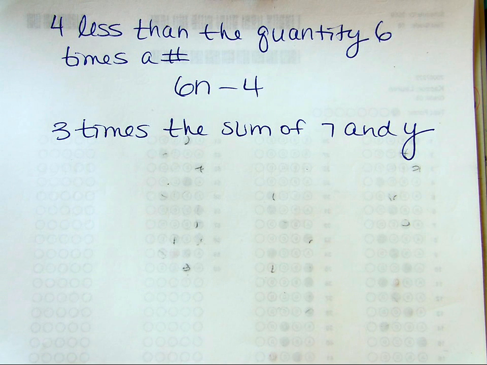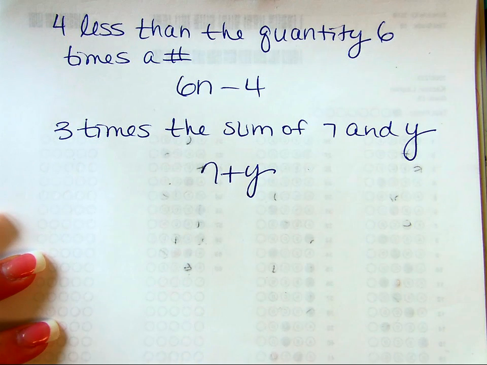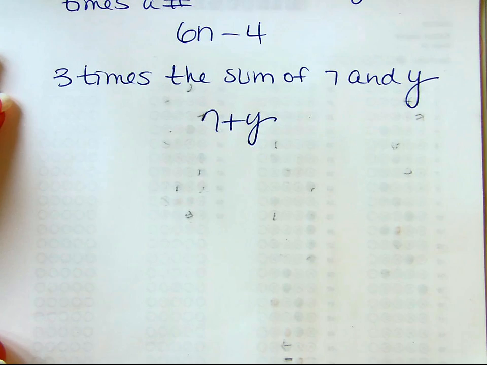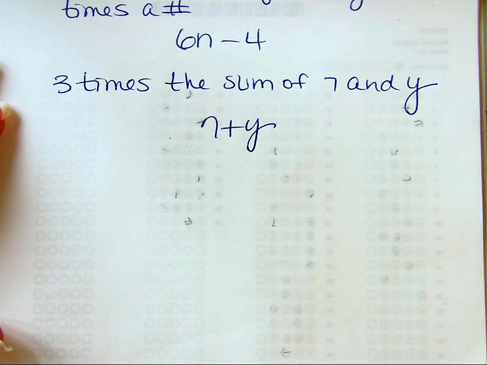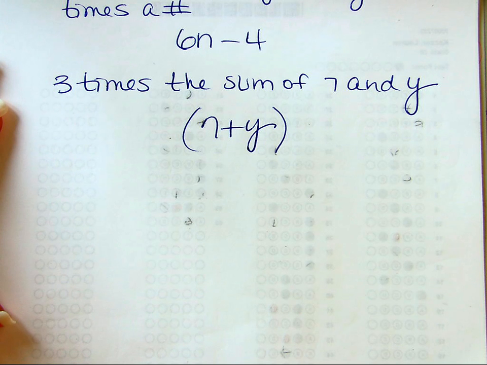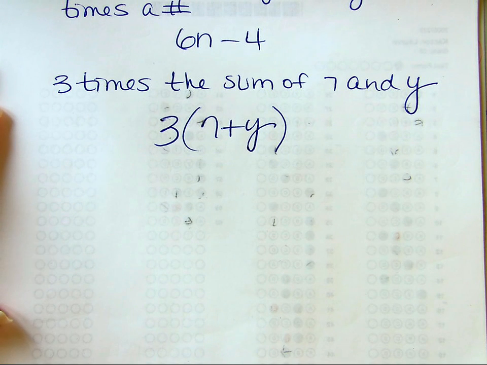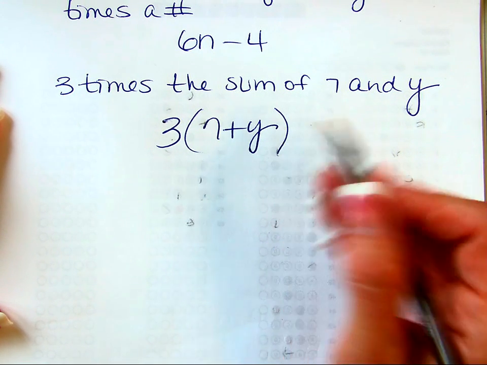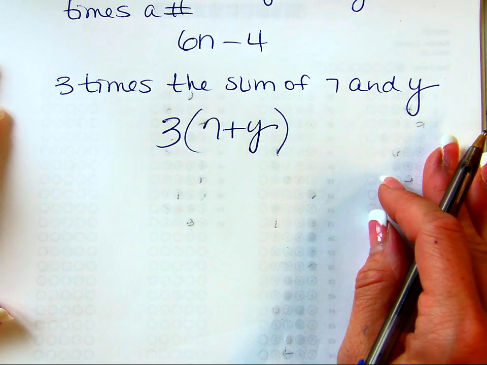And when they say sum, what you are to do is to write it in the order that you see it. So here's the sum of 7 and y. And how would I show 3 times a quantity? No, I don't want to do cubed. Jordan. Parentheses. I want to take this whole thing, see, Autumn, and multiply it by 3. I can't just put the times 3 at the end, because then it would just be multiplying the y by the 3. Okay?